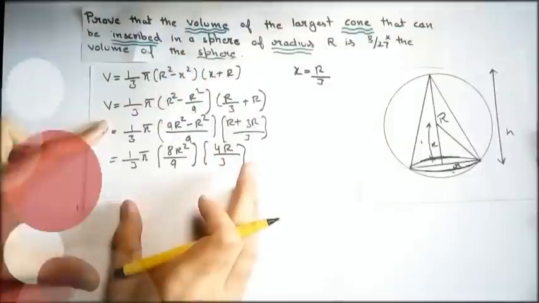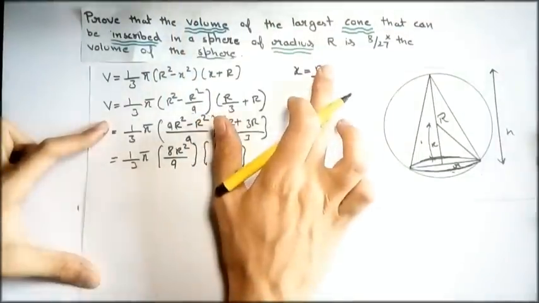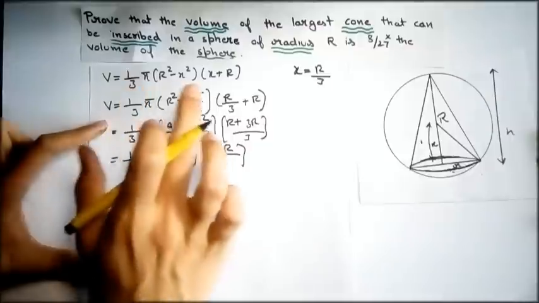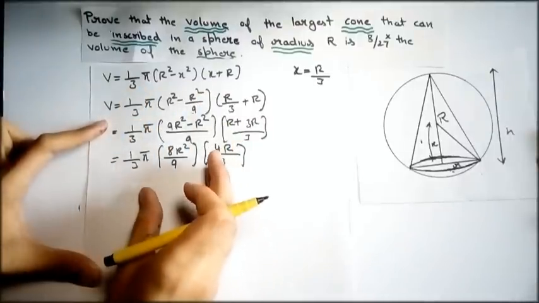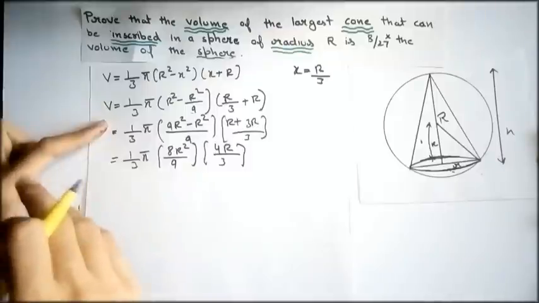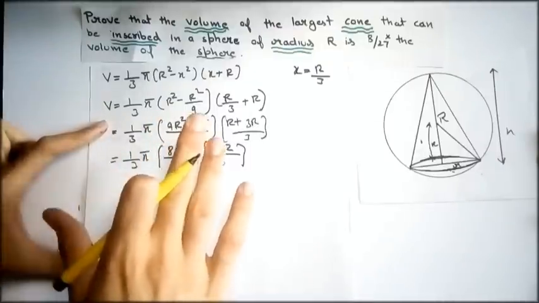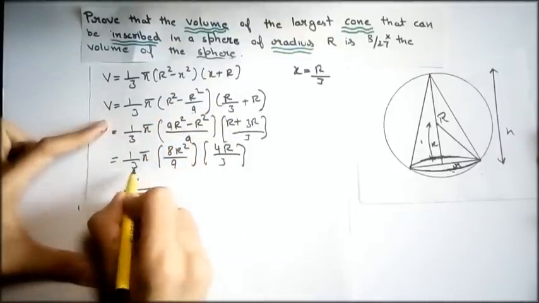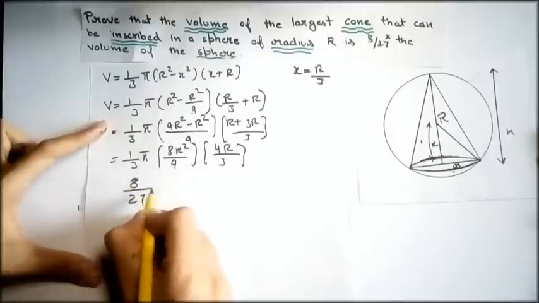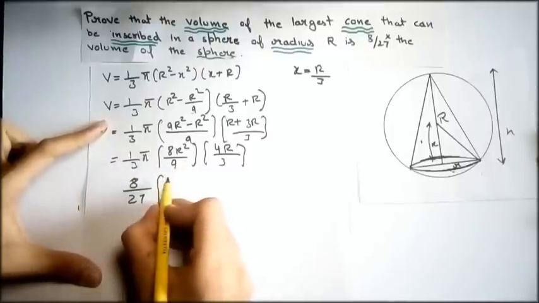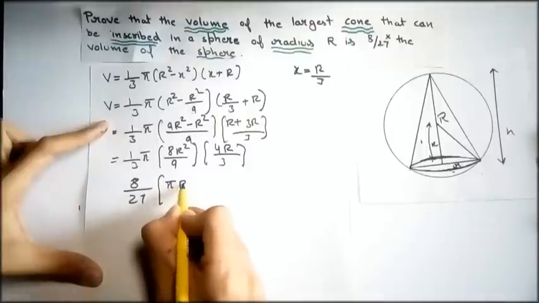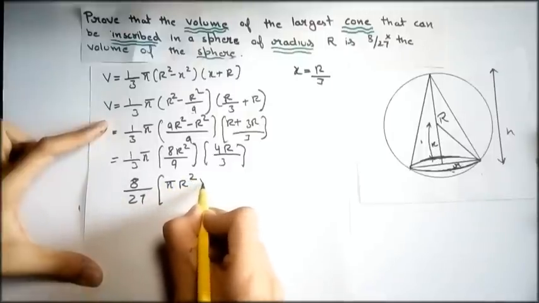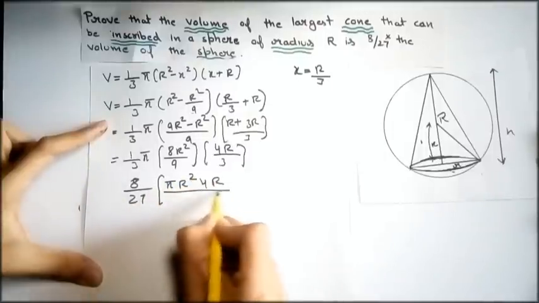After this we will solve this and we have to prove that it is 8 by 27 times the volume of sphere. So let's take out 8 by 27 out of this and see whether the volume of sphere comes or not. So 8 by 27, 9 times 3 is 27. In here what is left is pi r square times 4r divided by 3.